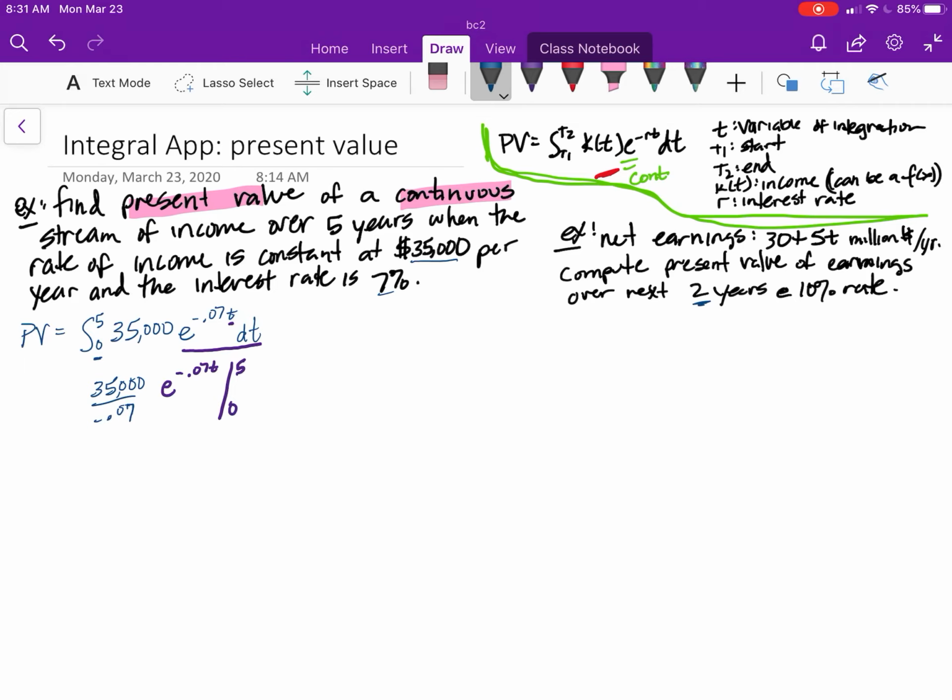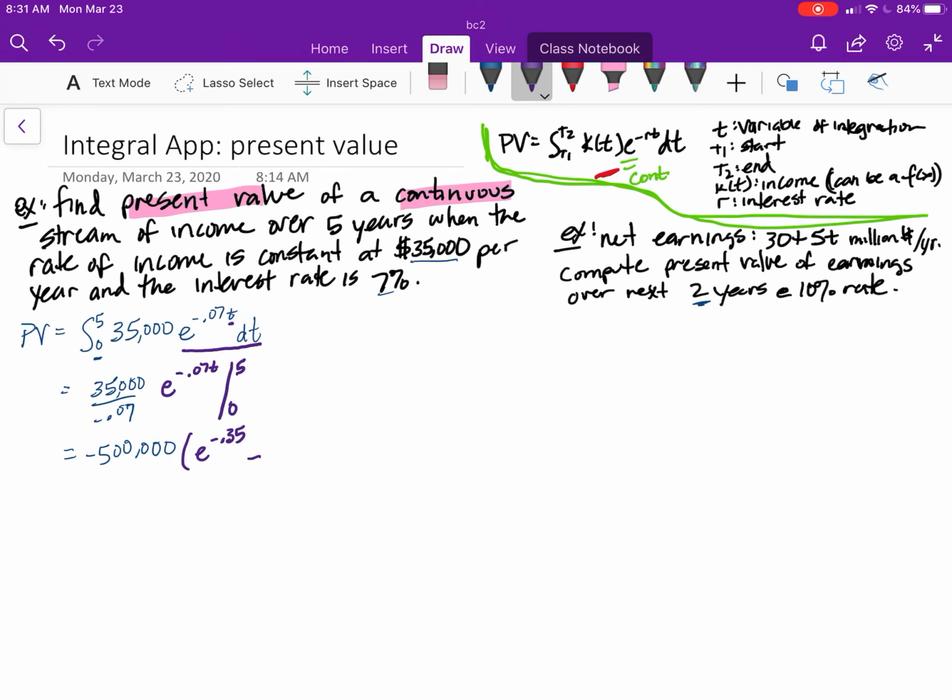Much of this, just bust out your calculator. I often write out as much as I can to save some calculator errors, but 35,000 divided by negative 0.07, we get negative 500,000. And then for the e, we're going to substitute 5: e to the negative 0.07 times 5, so e to the negative 0.35.